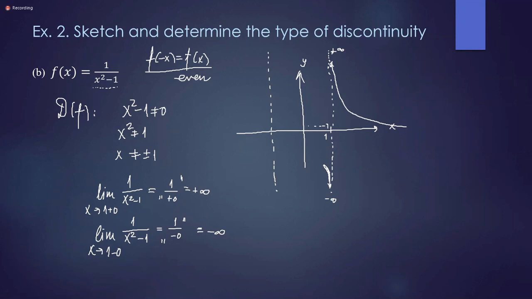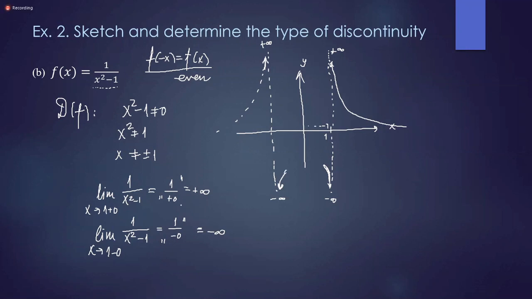The graph is symmetrical about the y-axis, so from the inside it still tends to minus infinity, and from the outside it would still tend to plus infinity. I don't know exactly what happens here, therefore I am not drawing anything there. We are just sketching enough to understand how the limits work.